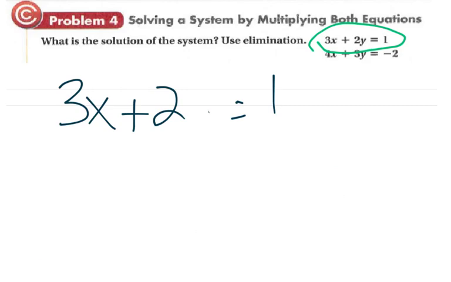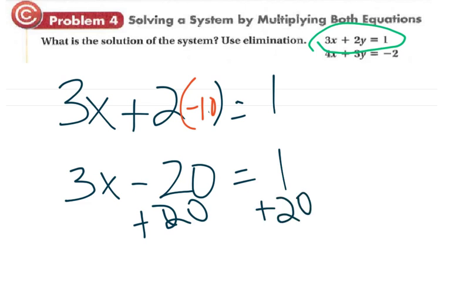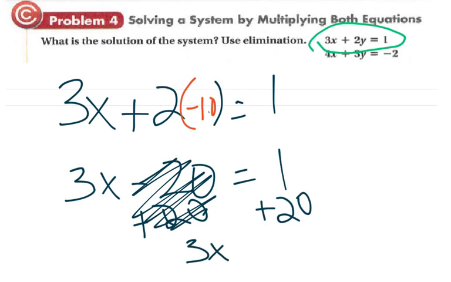So I have 3x minus 20 equals 1. And if I add 20 to both sides, these 20s will go away, and I'll get 3x equals 21.